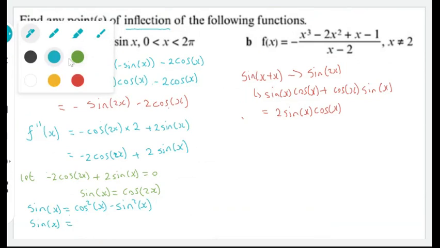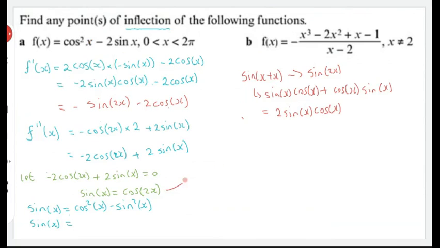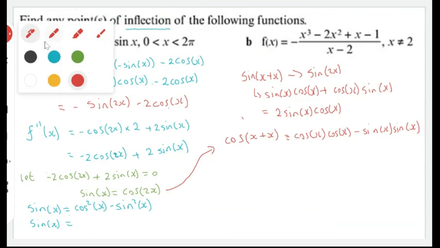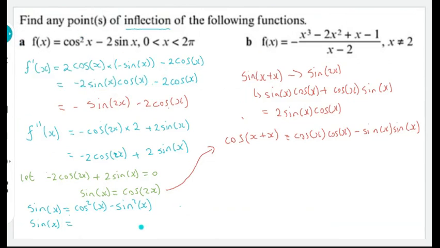It's using my identity cos a plus b, or in this case, cos x plus x, is cos x cos x minus sine x sine x. Oh, okay. I got that. And then, yeah, so that's cos squared x minus sine squared x.